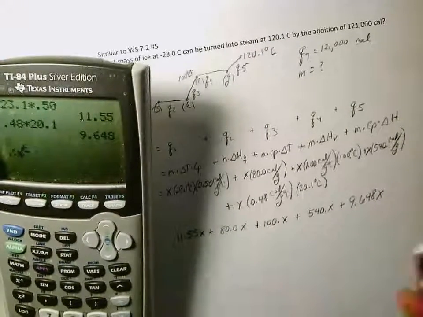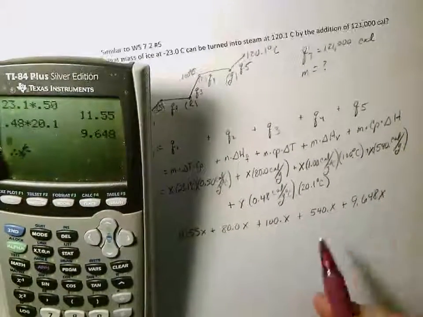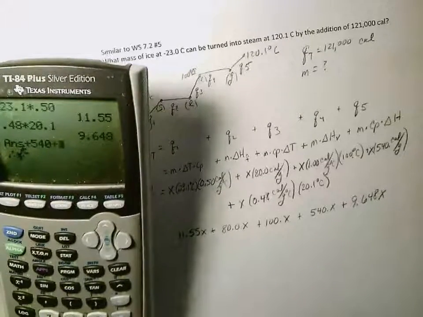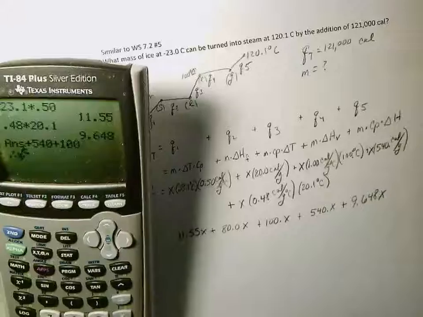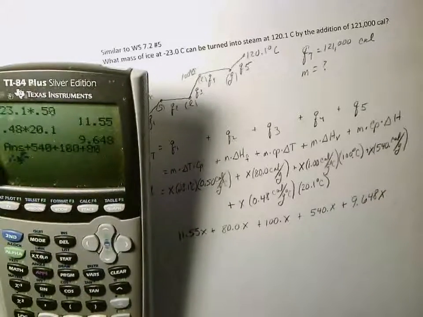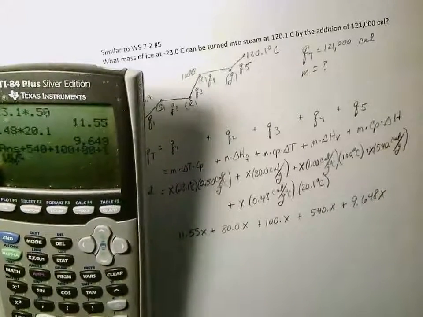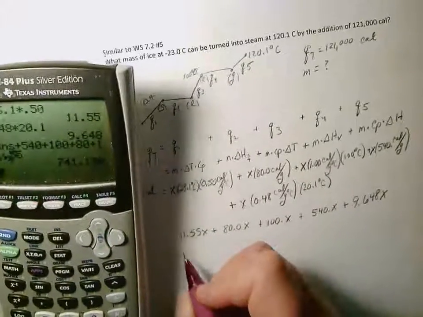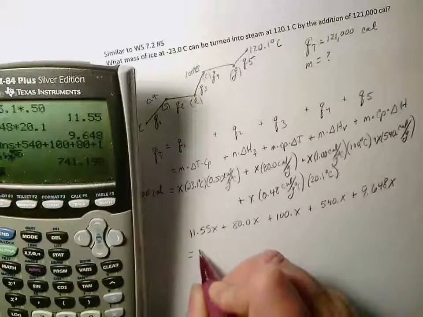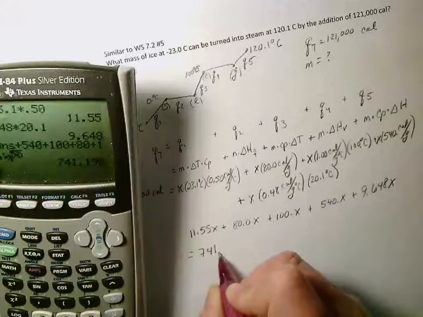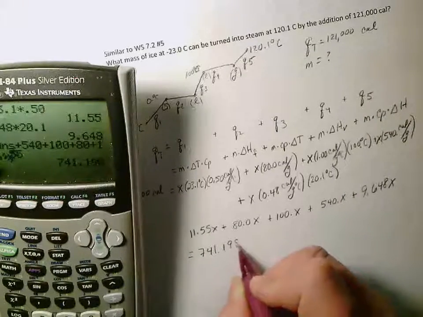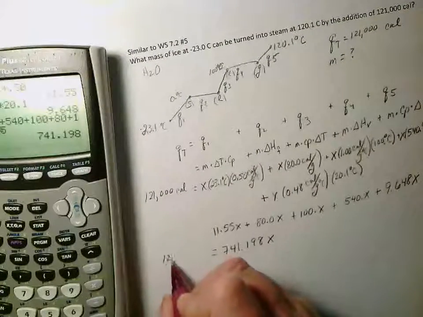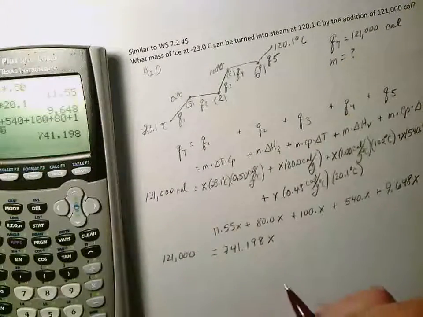equals 9.648x. Now I'm going to add all those numbers together. So I have this one. I'm just going to work my way back. Plus 540 plus 100 plus 80 plus 11.55 equals. So I have all that equals 741.198x equals 121,000.